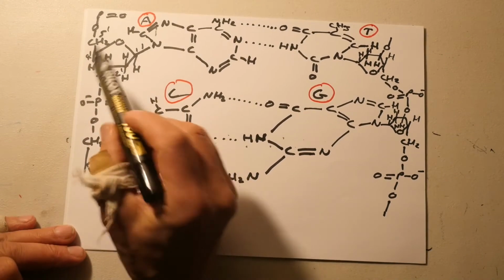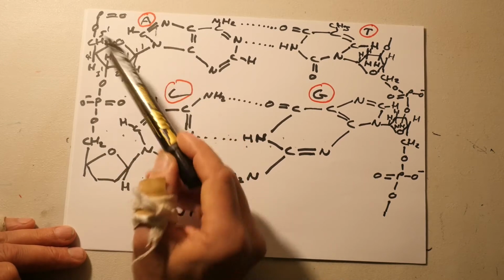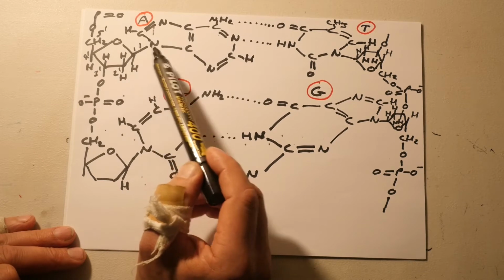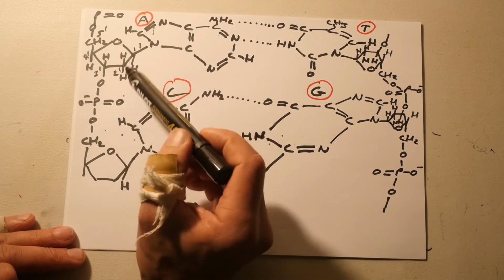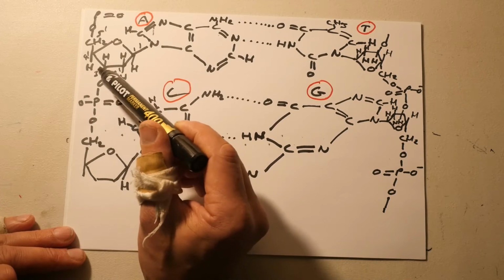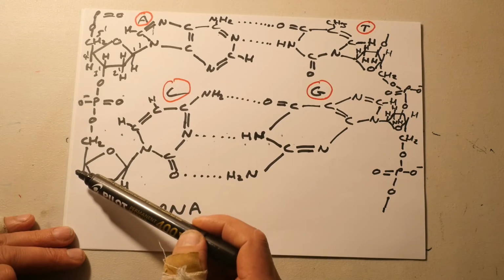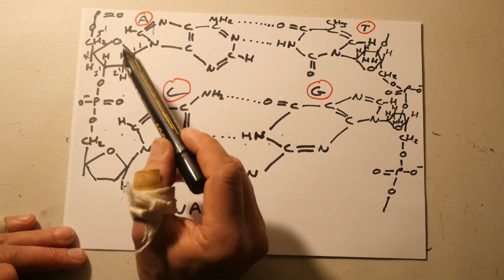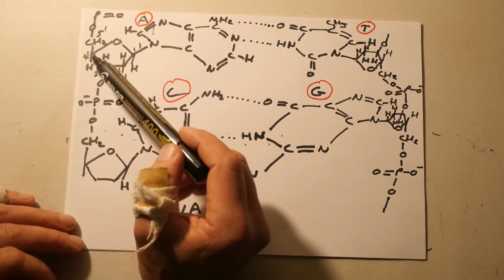When people talk about the 5 prime and 3 prime ends of DNA and RNA, they're referring to these carbons. It's just like first, second, third, fourth, fifth, but we call it prime instead. So that's 5 prime to 3 prime, and this is 5 prime to 3 prime going the other way. 5 to 3, 3 to 5.